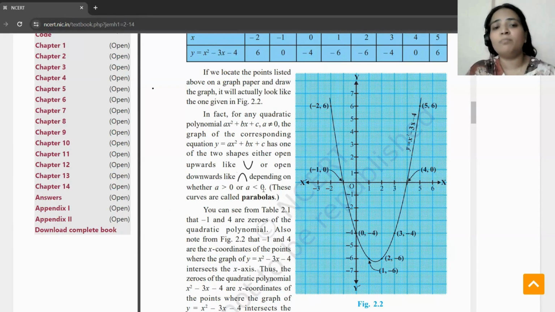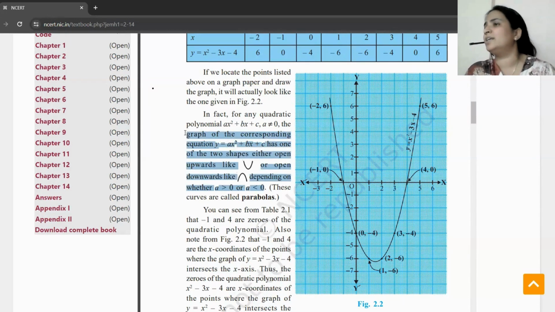Right now there are n number of things. This is nothing in NCERT. They have not told you about this. But from an Olympiad point of view, there are n number of questions coming from this highlighted portion. Nowhere in your classes will it be discussed what is a greater than 0, what is a less than 0, when is the graph pointing upwards, when is it downwards, what they are called.